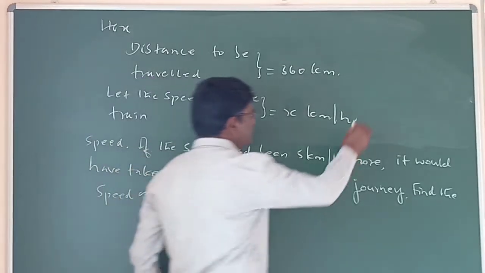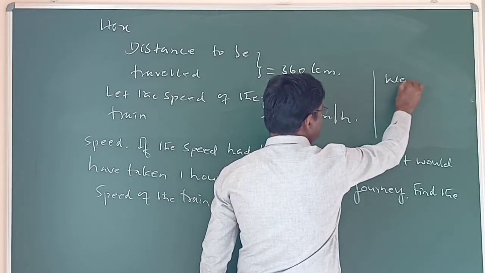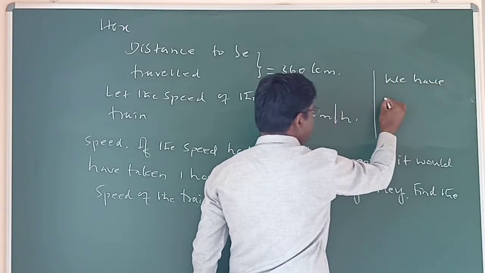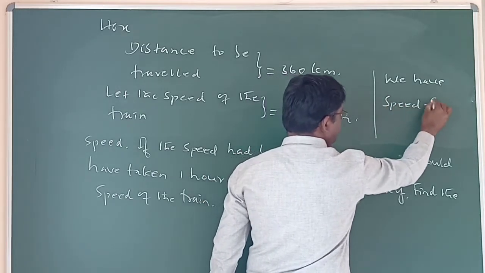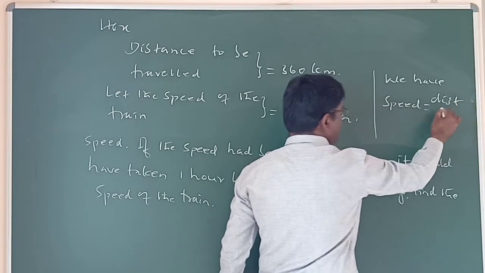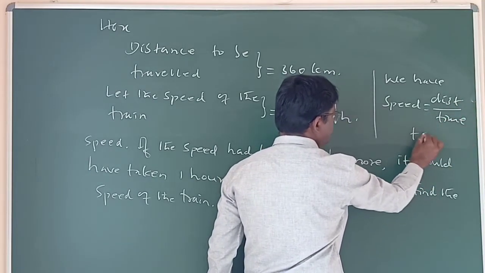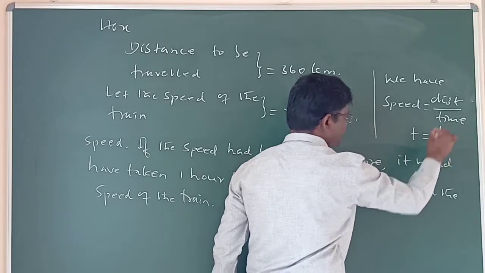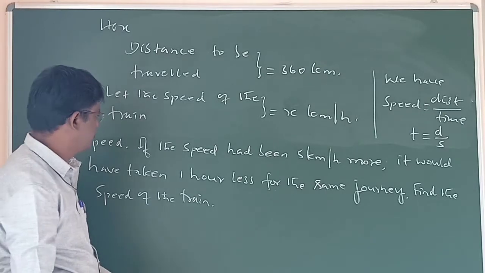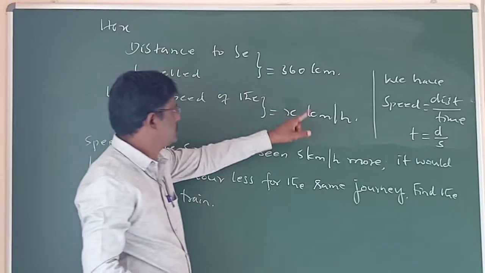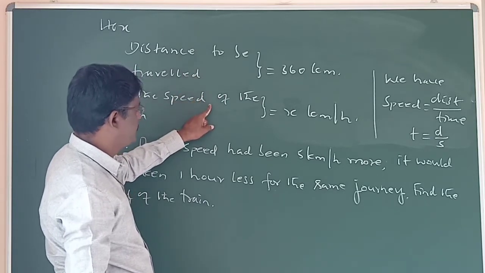We know that in general, speed is equal to distance by time taken. Therefore, time taken is distance by speed. In physics, you are studying that very simple equation. Here the known factor is the distance and the unknown is the speed.